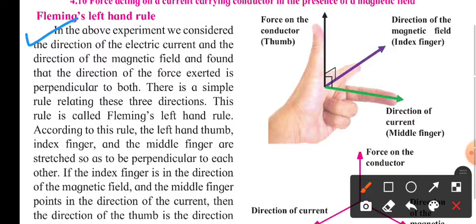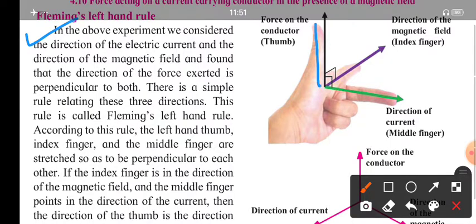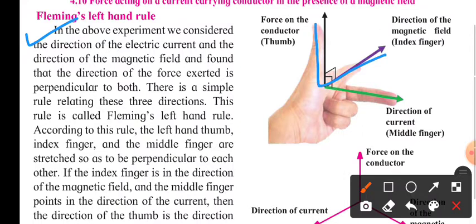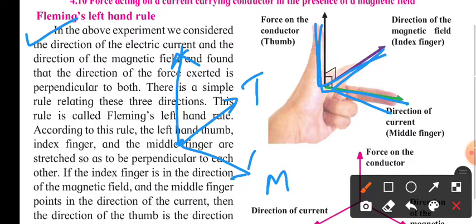You can see in this picture, the thumb and index finger are perpendicular to each other, the index finger and middle finger are perpendicular, and even the thumb and middle finger are perpendicular. That is the way we have to arrange them.